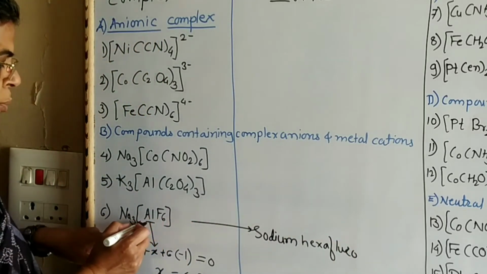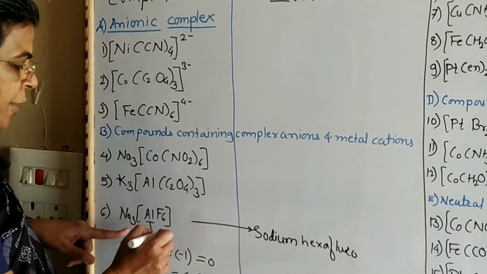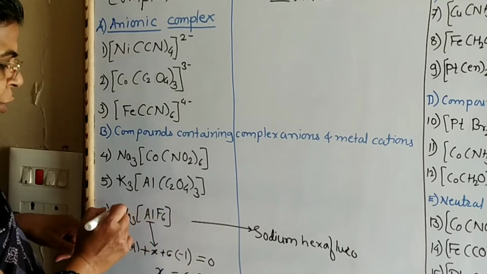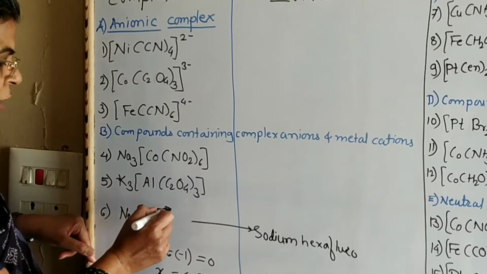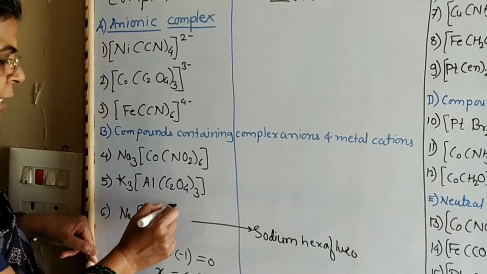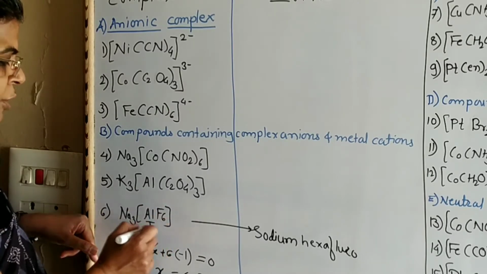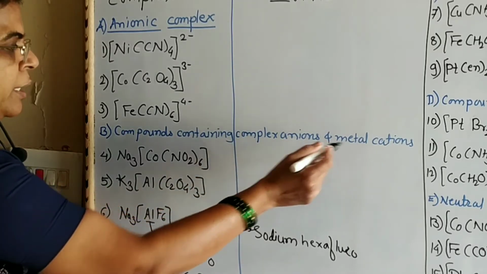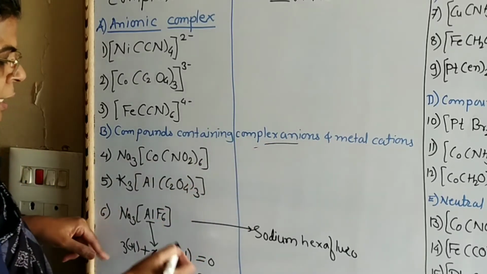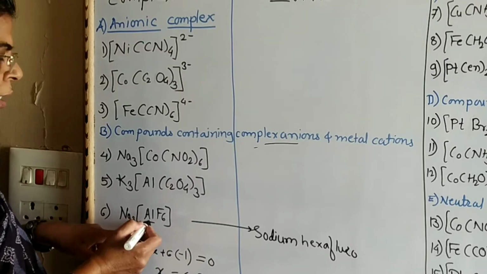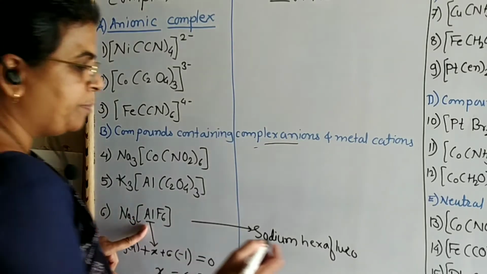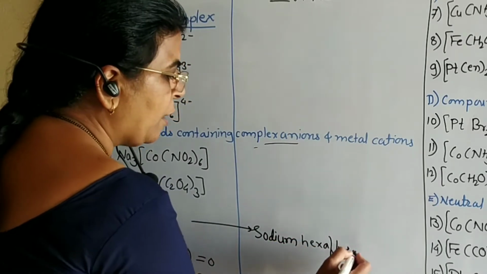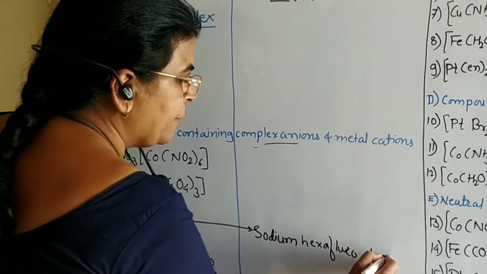Now it is aluminium, but it is an anionic complex. That is, if we remove these 3 sodium, then it acquires -3 charge, and therefore this complex is a complex anion, and we have to write the name of aluminium as aluminate: sodium hexafluoroaluminate.